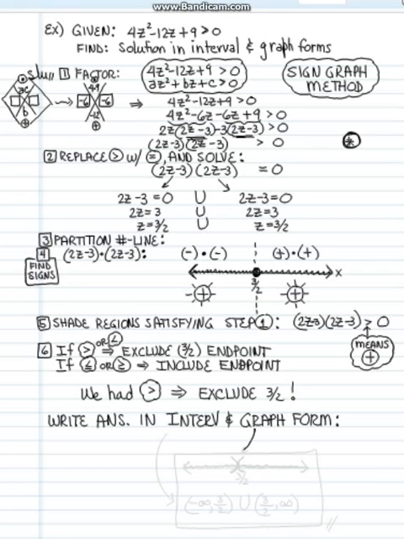For graph form, we'll have our number line, we have our 3/2, and instead of putting a round empty circle, I'm going to put an open bracket here, like the book likes. It likes open brackets, and shade everything on the left side with an arrow. And then I'm going to put right over here another open bracket and shade in an arrow. So you see, this indicates the same that the open circle indicates. We're not including the value 3/2.